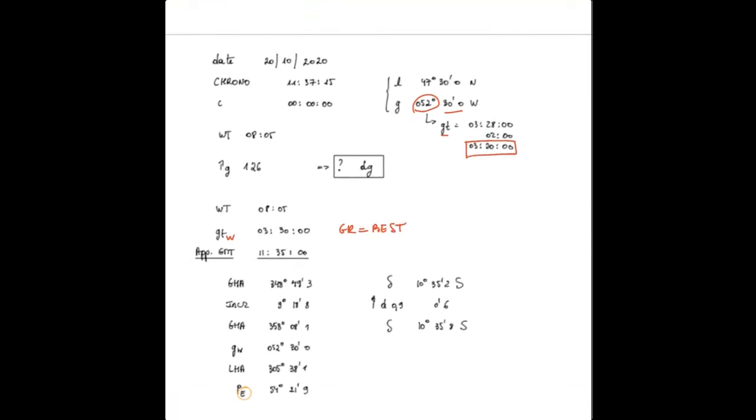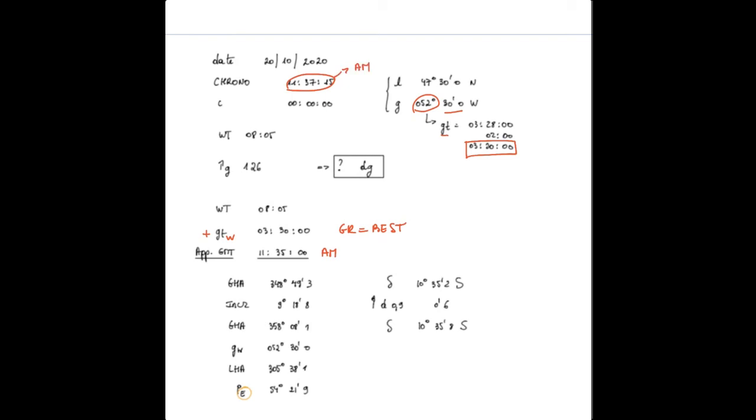So we add our longitude transformed into time, and this gives us 11 o'clock, 35 minutes, 0 seconds. This we don't use; we use our chronometer time. And we know, since this is AM, that our chronometer time is also AM.